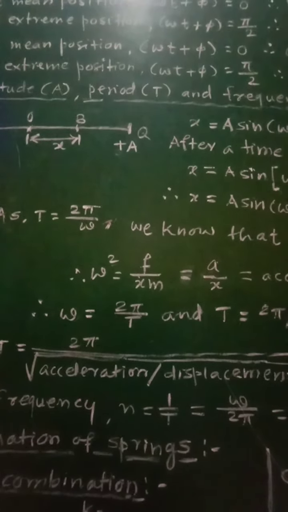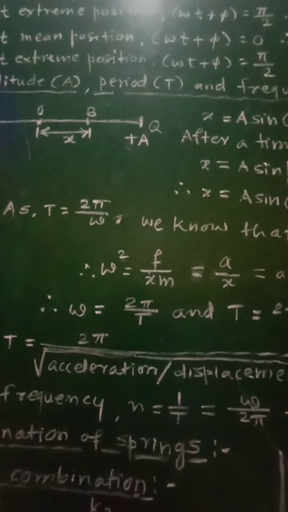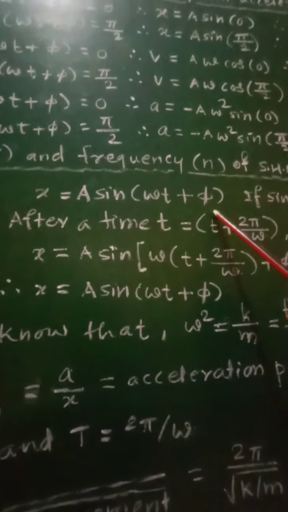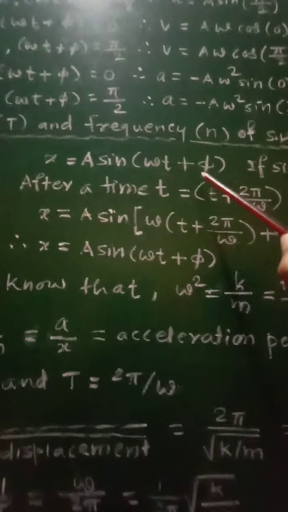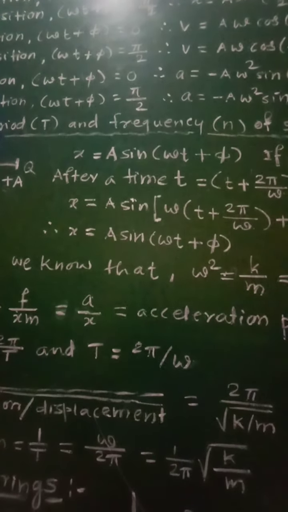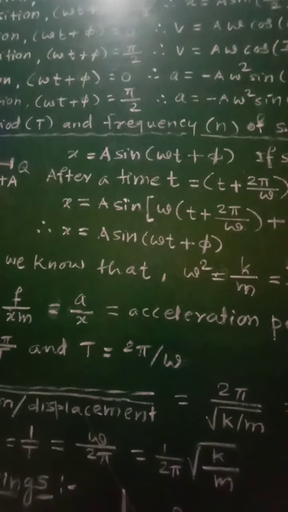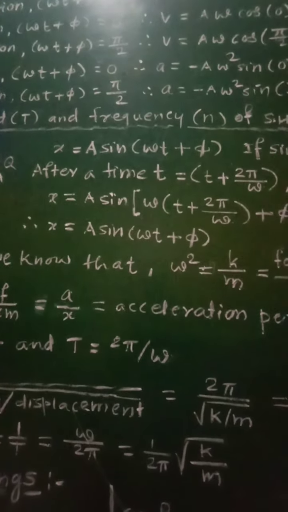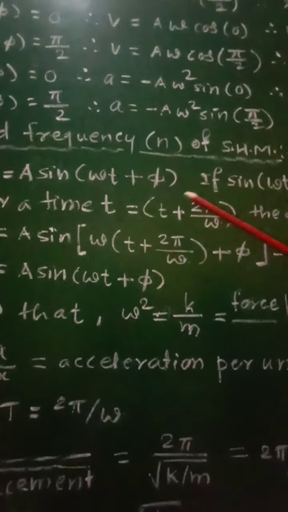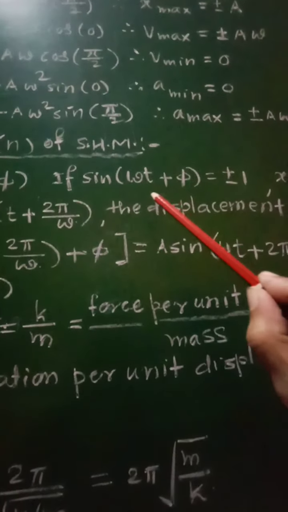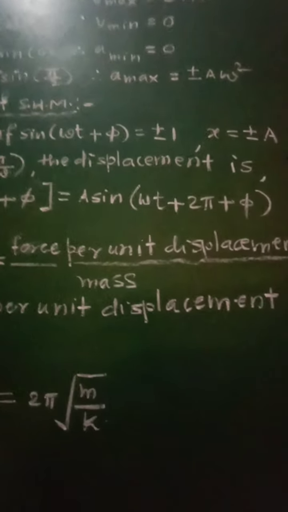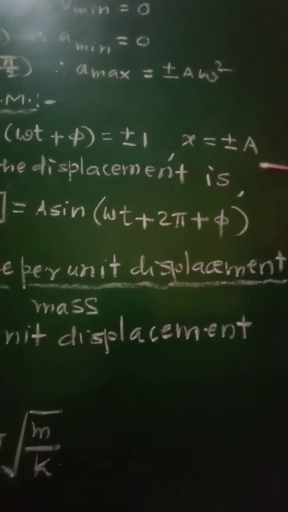Now the displacement x of the particle performing SHM is given by the equation x is equal to a sin(omega t plus phi). So this equation will represent the displacement of the particle performing linear SHM. The particle will have its maximum displacement if sin(omega t plus phi) is equal to plus or minus 1, or x is equal to plus minus a.